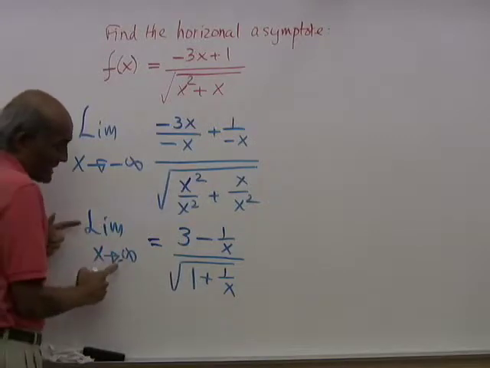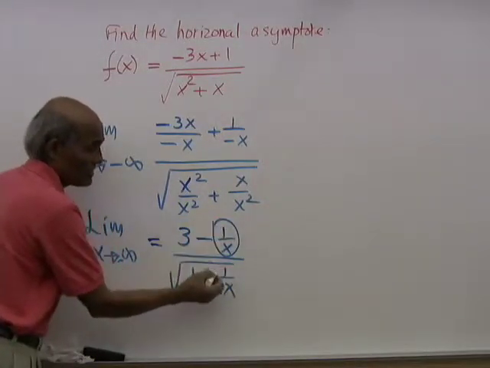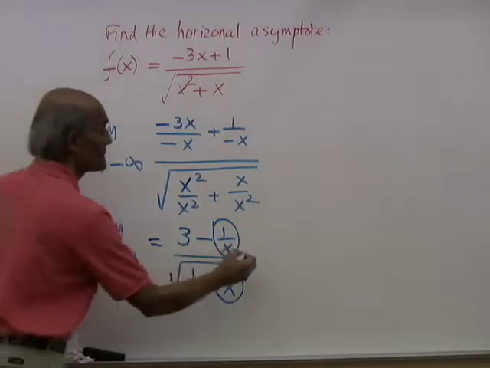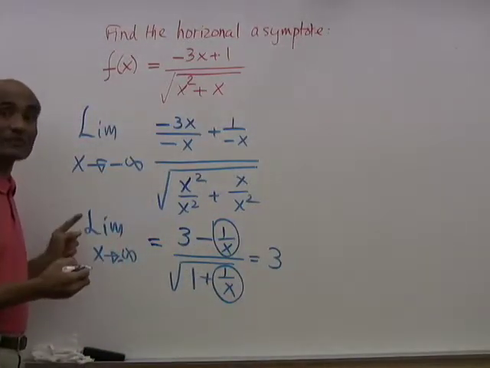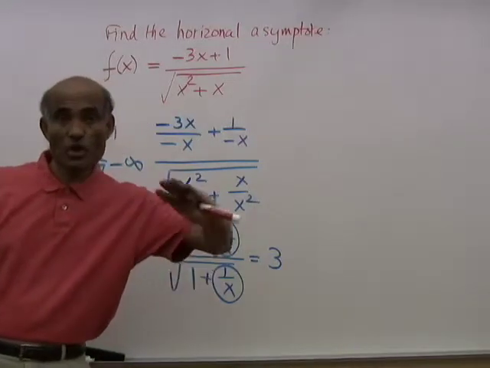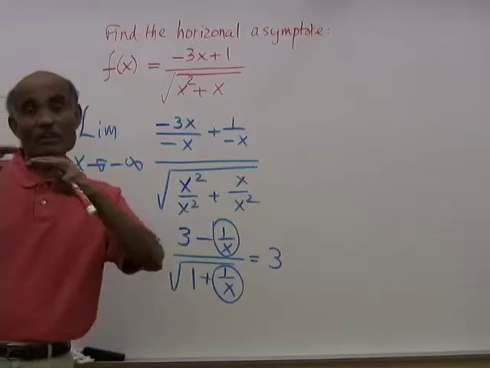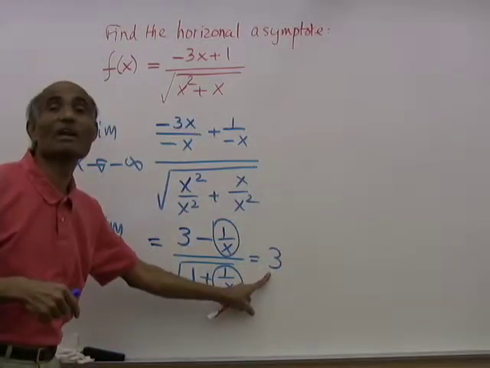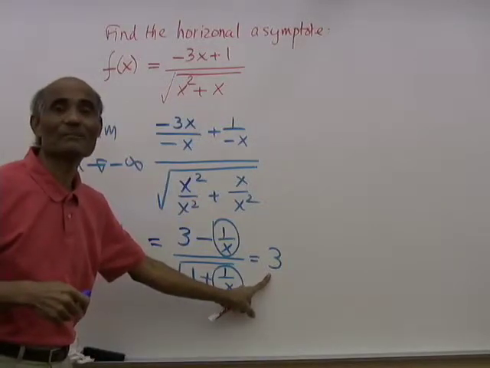But when x goes to infinity, 1 over x will be 0 and this 1 over x will be 0. So what will be left is actually a 3. What it tells you is that as x gets closer and closer to negative infinity, or as x takes very large negative values, the function value will approach y equal to positive 3.